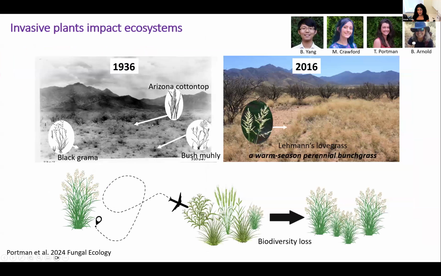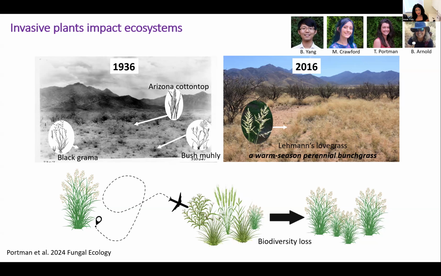So now our study site is the Santa Rita Experimental Range in Arizona. It provides a great example of how introduced species can dramatically alter native ecosystems. Roughly in 1930, lemon lovegrass, which is a warm season perennial bunch grass native to Africa, was introduced to Arizona to enhance soil stabilization as well as to provide food for cattle.